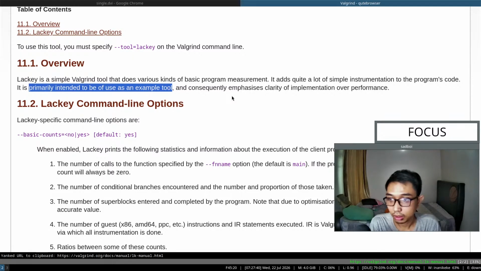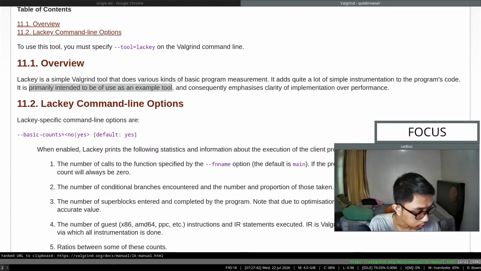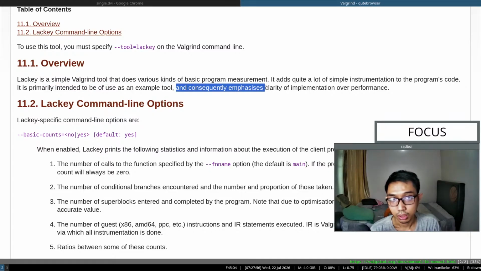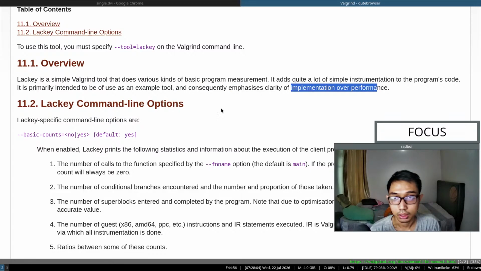Wait, let me copy this in the chat too, in case anyone wants to take a look. Okay, to be of use as an example tool, and consequently emphasize clarity of implementation over performance.